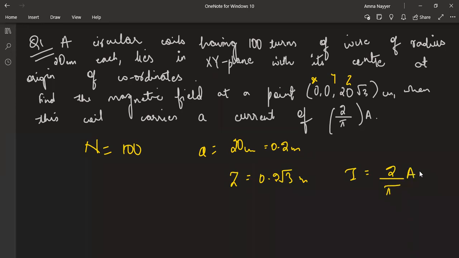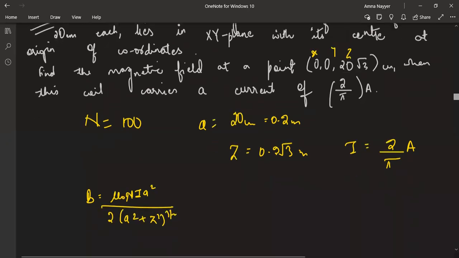Now, if you have to calculate the magnetic field at an axial point, you have to find the magnetic field at a point on the axis. The xy plane's axis will be perpendicular, so the axis will be z. So the magnetic field becomes mu naught NIA squared divided by 2 times a squared plus z squared to the power 3 by 2.